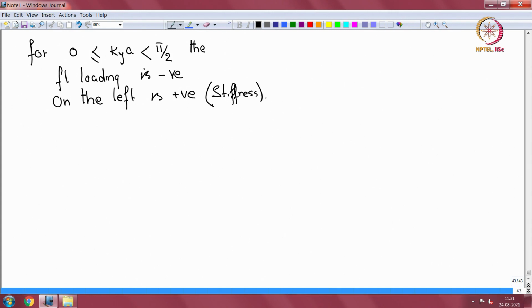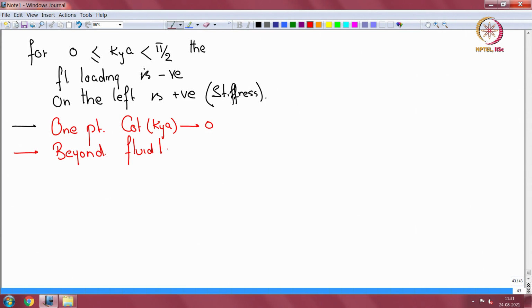Then this is important, there is one point where cot kya goes to 0, and then beyond, the fluid loading term switches sign and becomes positive.